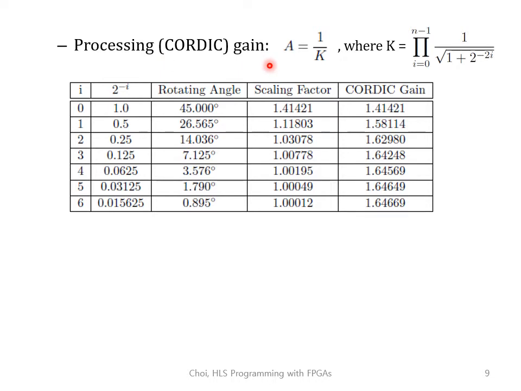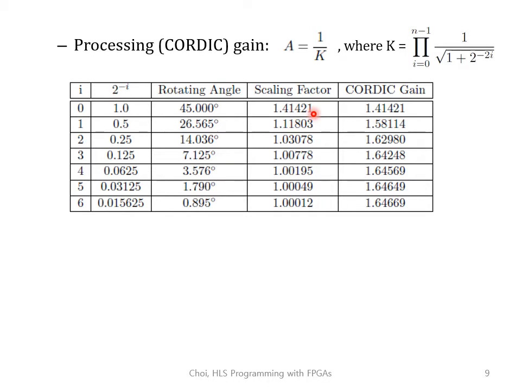So CORDIC gain is the cumulative scaling factor which you multiply once after performing a series of rotations. Let's look at this table, which shows the first 7 iterations of CORDIC. When tangent theta equals 2 to the power of 0, this is the case when the angle is 45 degrees, the scaling factor, which you can obtain by inserting 0 into this equation, is 1.414 to 1.